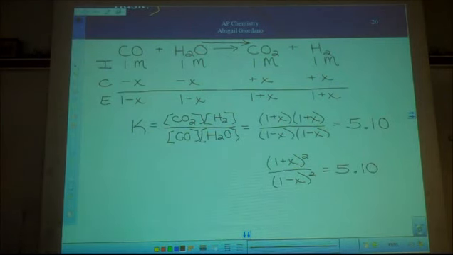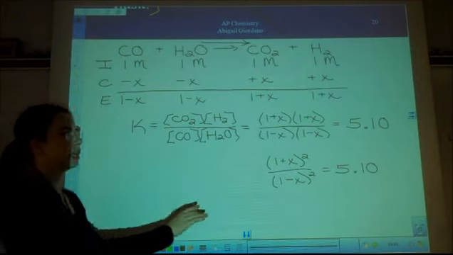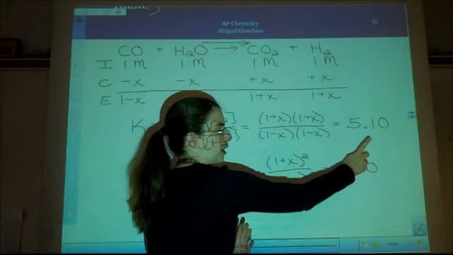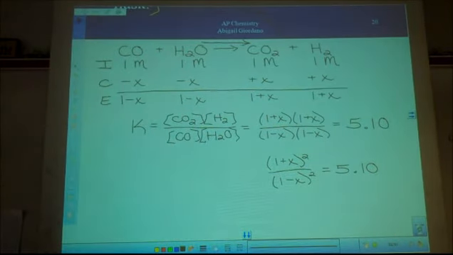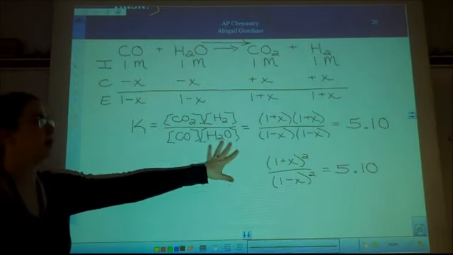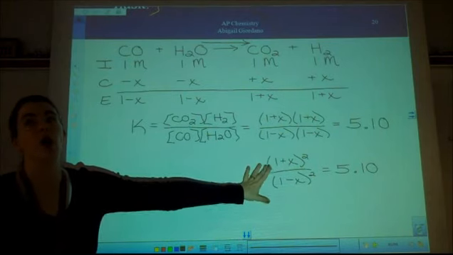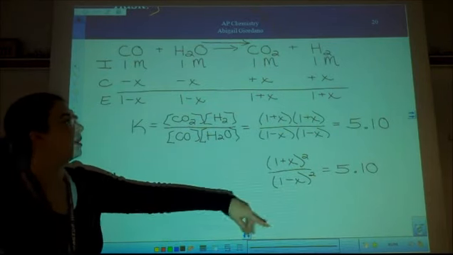This particular problem actually would not be that difficult to work out by hand. Do you all see I could just take the square root of both sides and get x that way? But I want you to be aware that although this particular problem has very simple numbers to work with, they will not always be so simple.